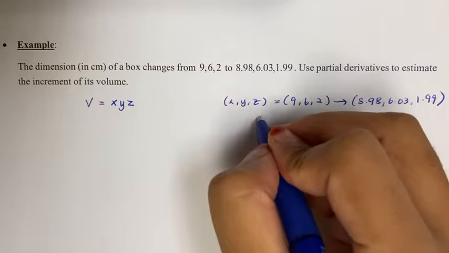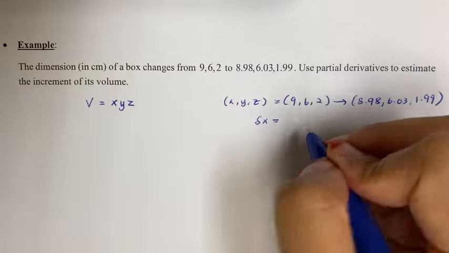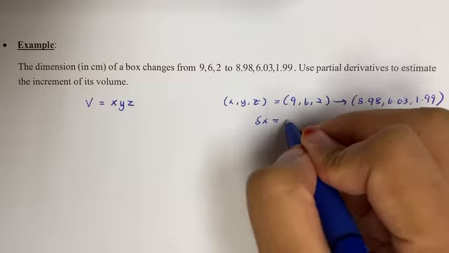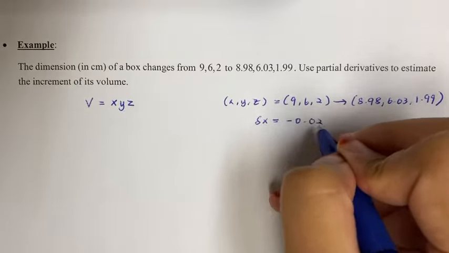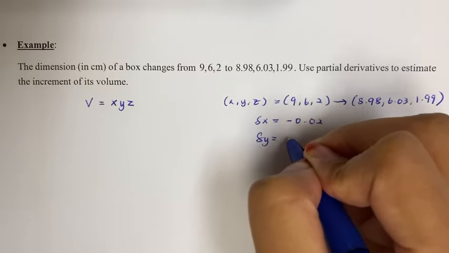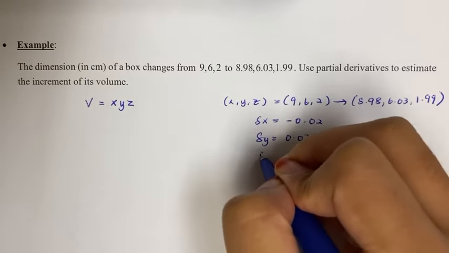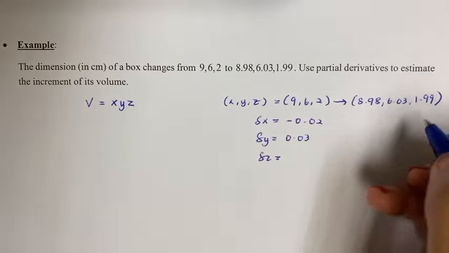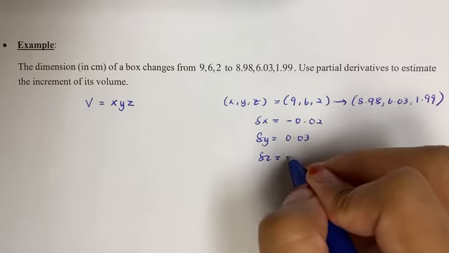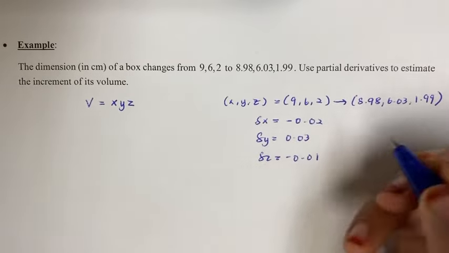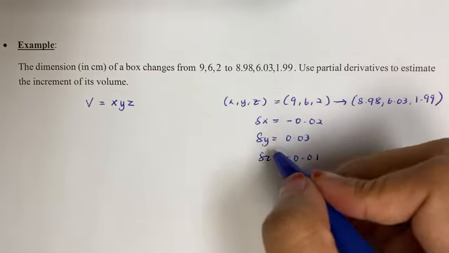So from here you can find delta x equal to minus 0.02, delta y equal to 0.03, and delta z equal to minus 0.01.